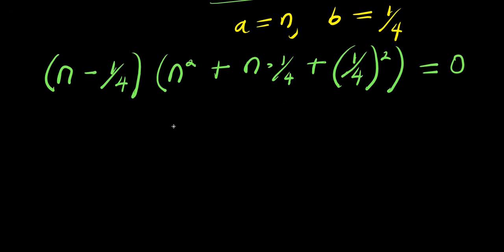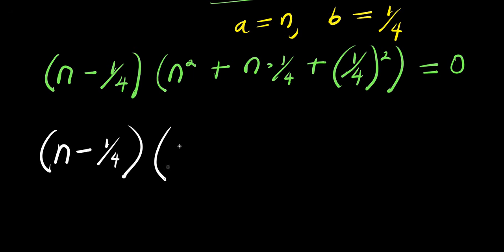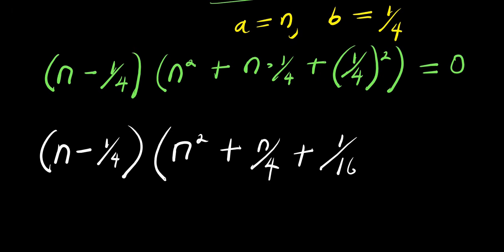So right now, I'm simply going to have n minus 1 over 4 times n squared plus n over 4 plus 1 divided by 4 power 2, 16. And this equals 0.